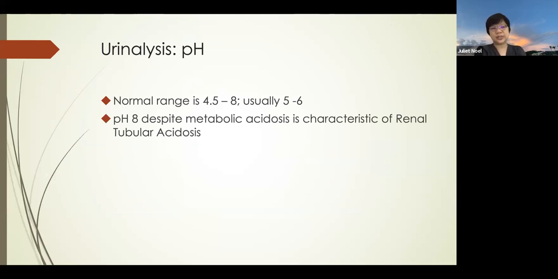Normally, if you have metabolic acidosis, your kidney will excrete the acid, so you would lower your urinary pH. When it's consistently high, you would think of renal tubular acidosis.